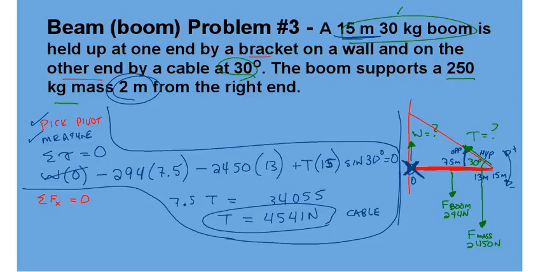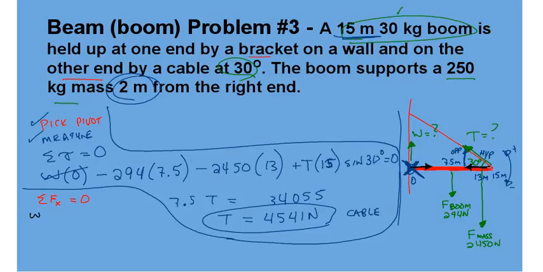Sum of the forces in the x direction, what pushes in the x direction? I'd have two things that push in the x direction. The tension pulls to the left, and the wall is canceling that out, or the pin, whichever one you want. Those two cancel out. Those are the only two x forces, so I need to write those in.